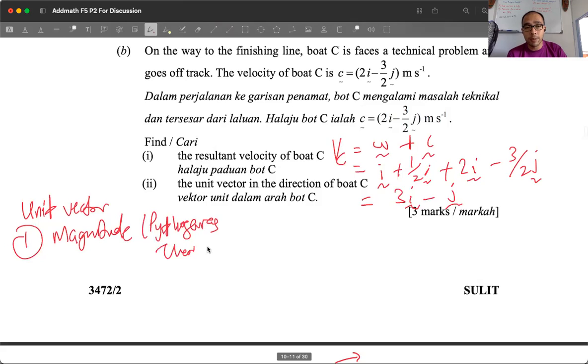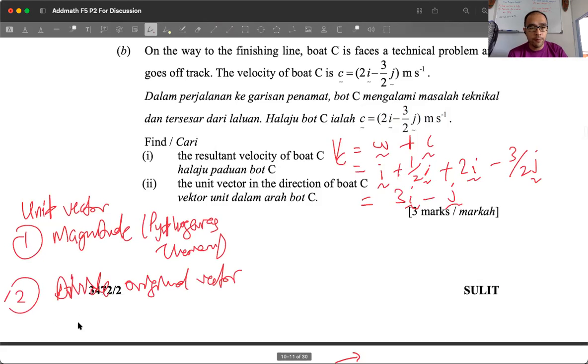Then divide the original vector with the magnitude. Oh no, my handwriting. Okay, so this is the resultant velocity, 3i minus j.